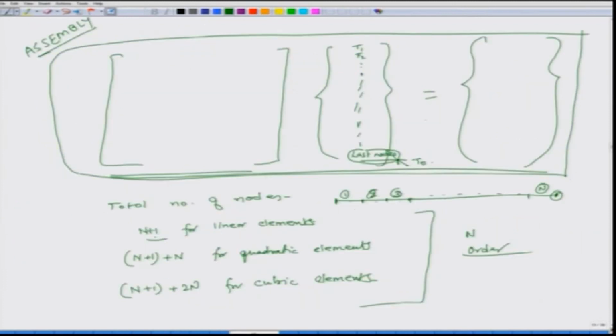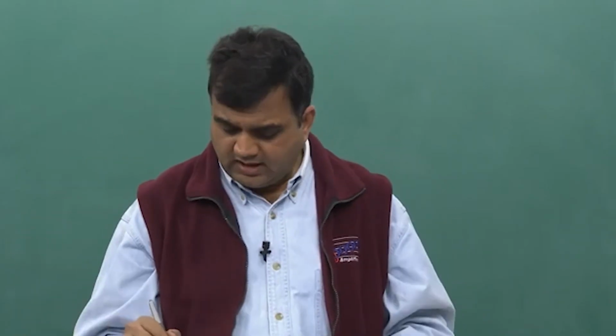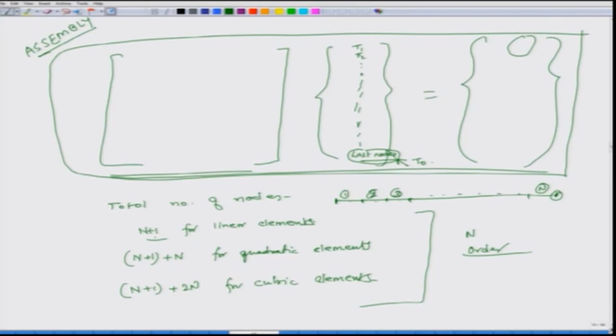How we do it, we will learn later. We do something on this side. We will understand that mathematics later. So when we assemble, we capture the geometry and the phenomena, and then at the assembly level we put in the boundary conditions.